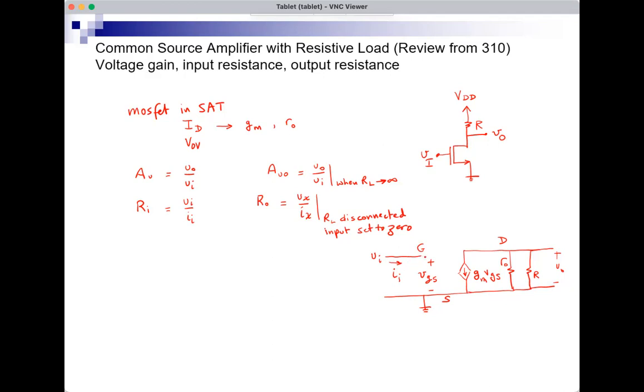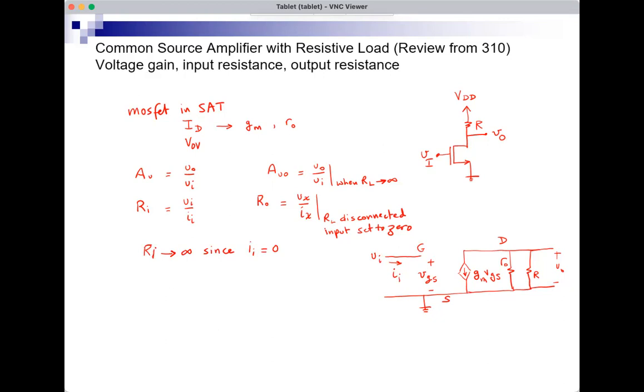Obviously, it's 0 because there's an open circuit here at the gate. So because II is 0 and VI is some signal voltage, I can very quickly say that RI is infinite because II is 0. That's easy.